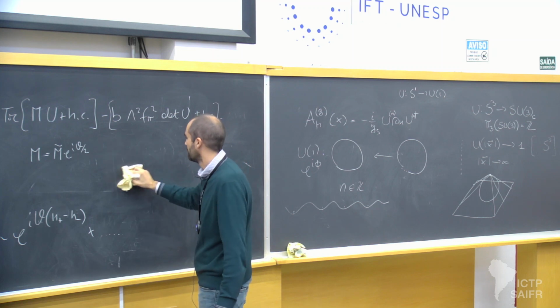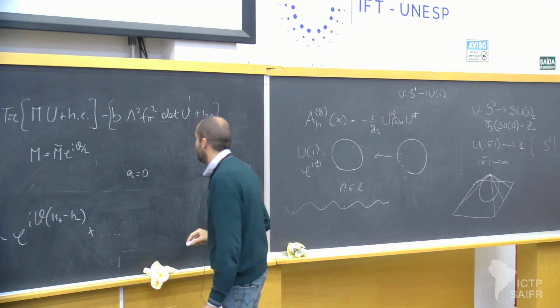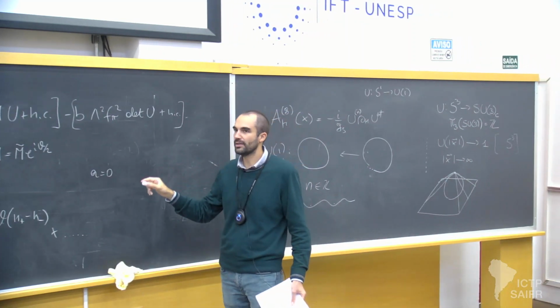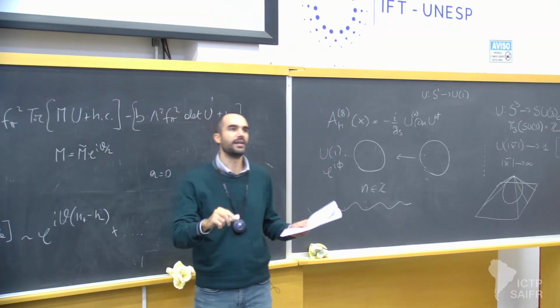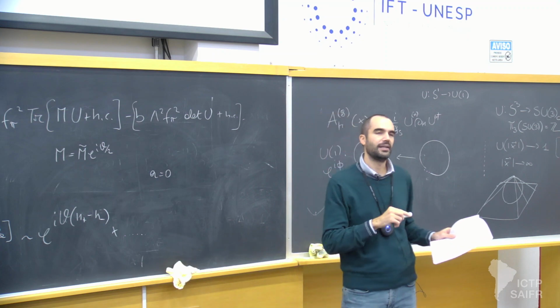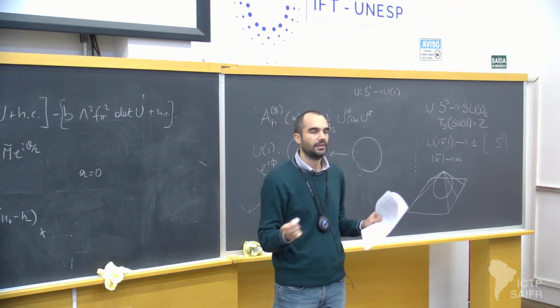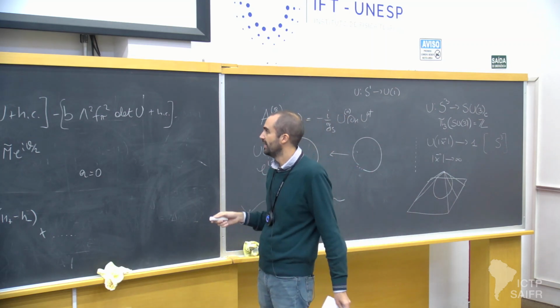If A is 0, you cannot immediately conclude that there is no theta in this Lagrangian because of what we said yesterday. If you remember, in the UV, you can move theta either in the quark mass matrix or in GG dual and back. So if the quark mass matrix is 0, you might still have a GG dual.